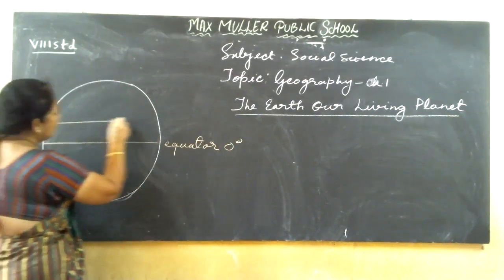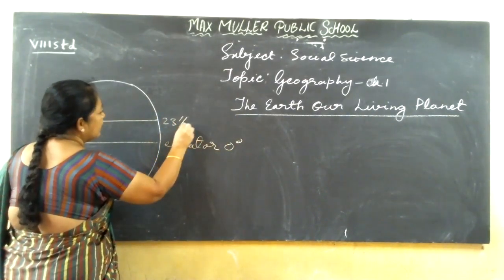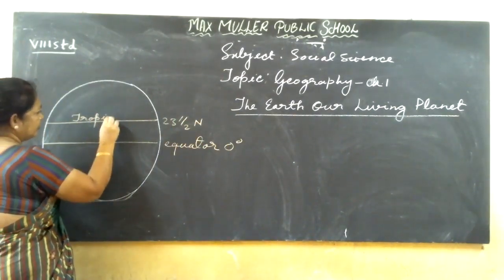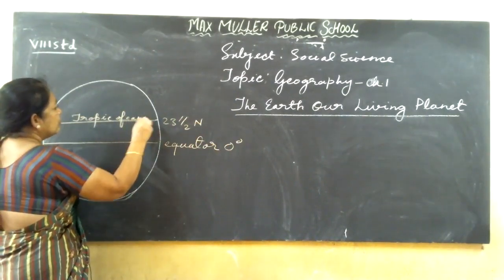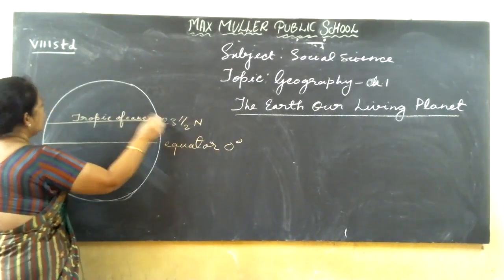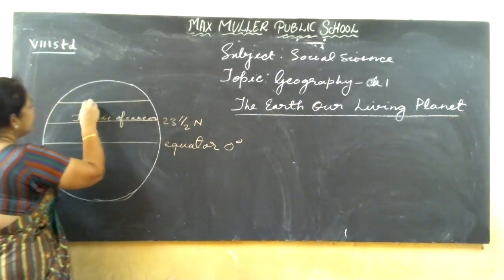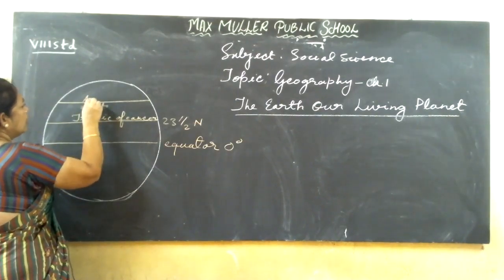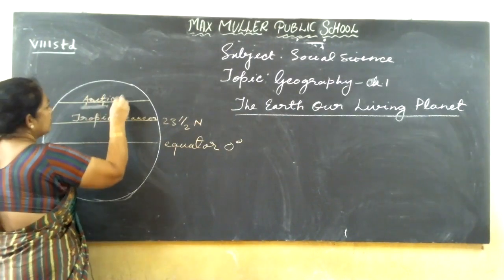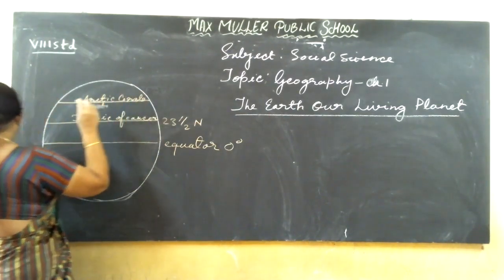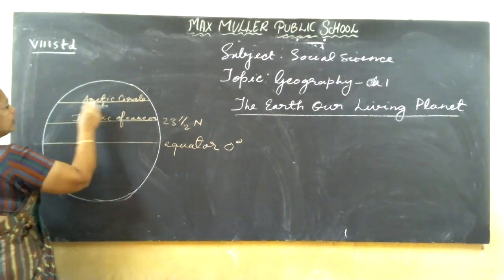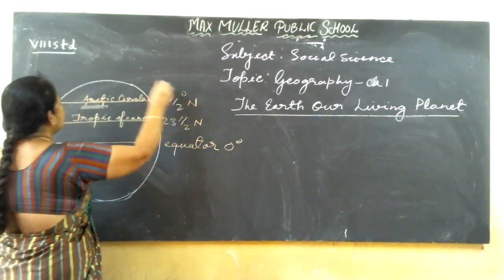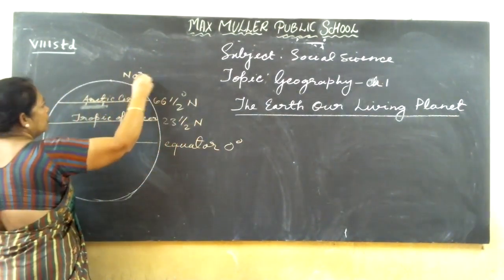Then we have the Tropic of Cancer, 23.5° north. Then we have the Arctic Circle, that is 66.5° north. Then next we have the North Pole.